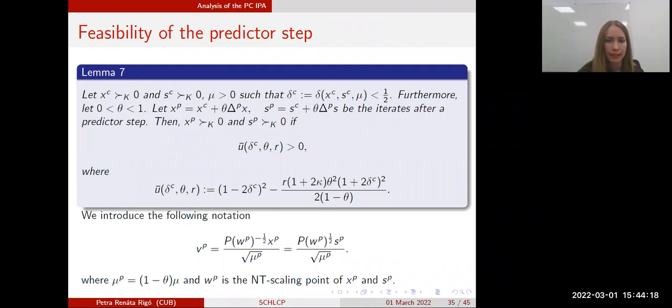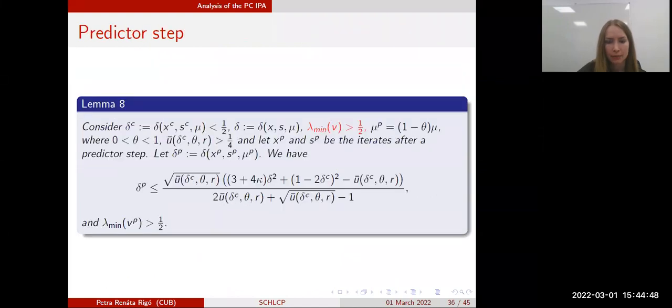But at the end, we make somehow a parameter fixing, and I will show immediately the final theorems. After that, we consider this variance vector corresponding to the predictor step by using the corresponding w_p and the quadratic representation as well.